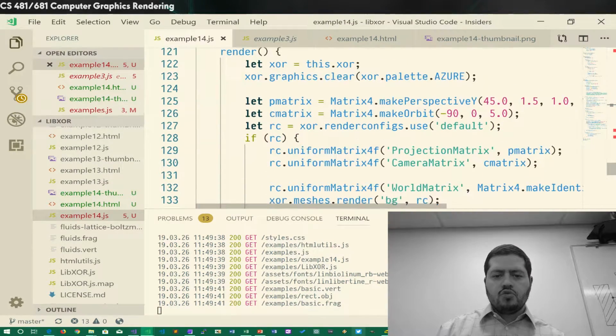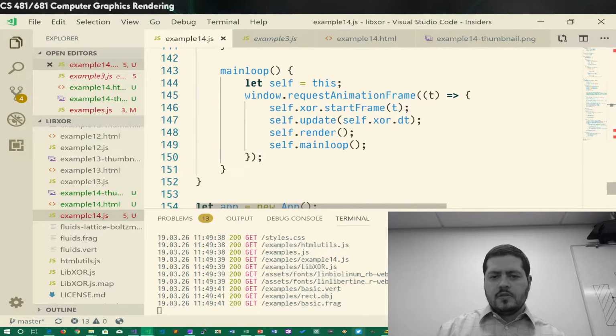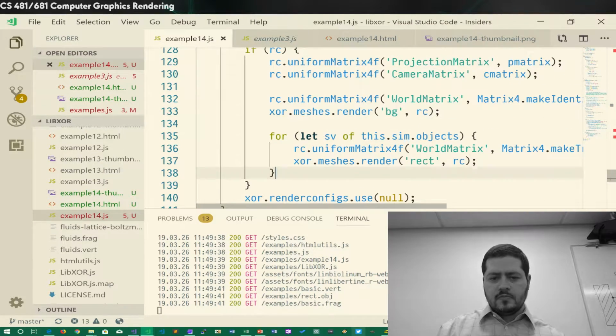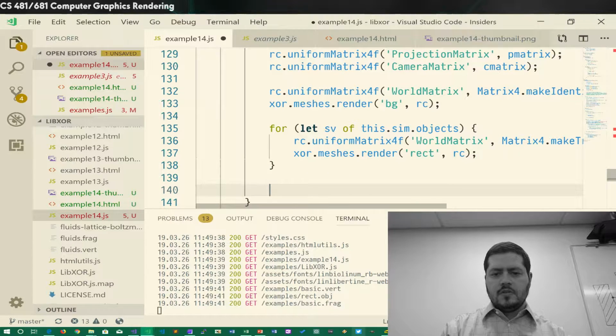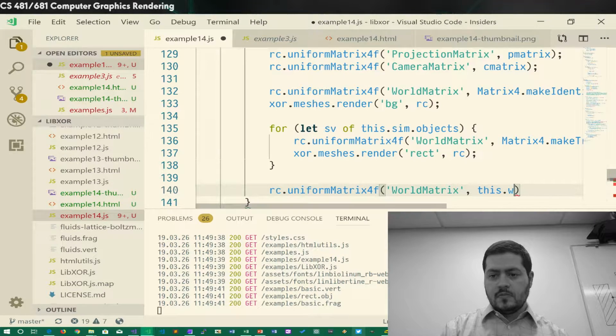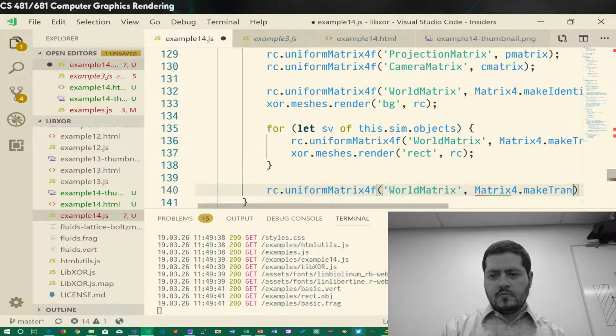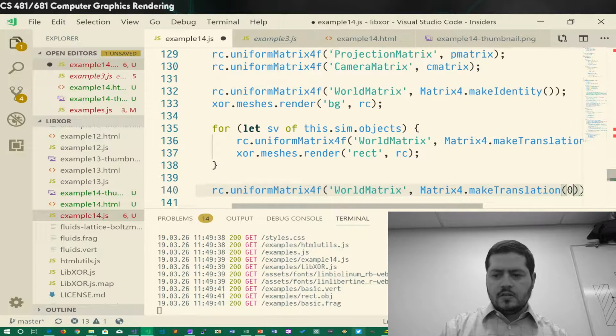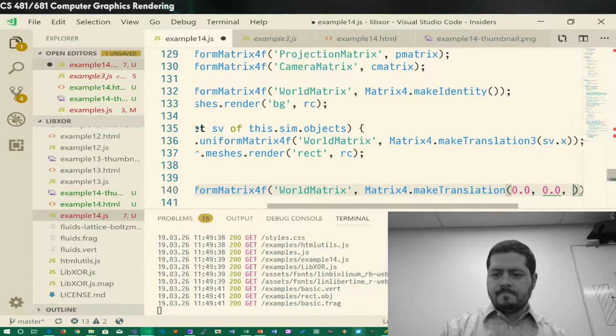Now we got to draw this out. So we got to set the world matrix at the first one. this.wall. I guess we could just put this in the middle.